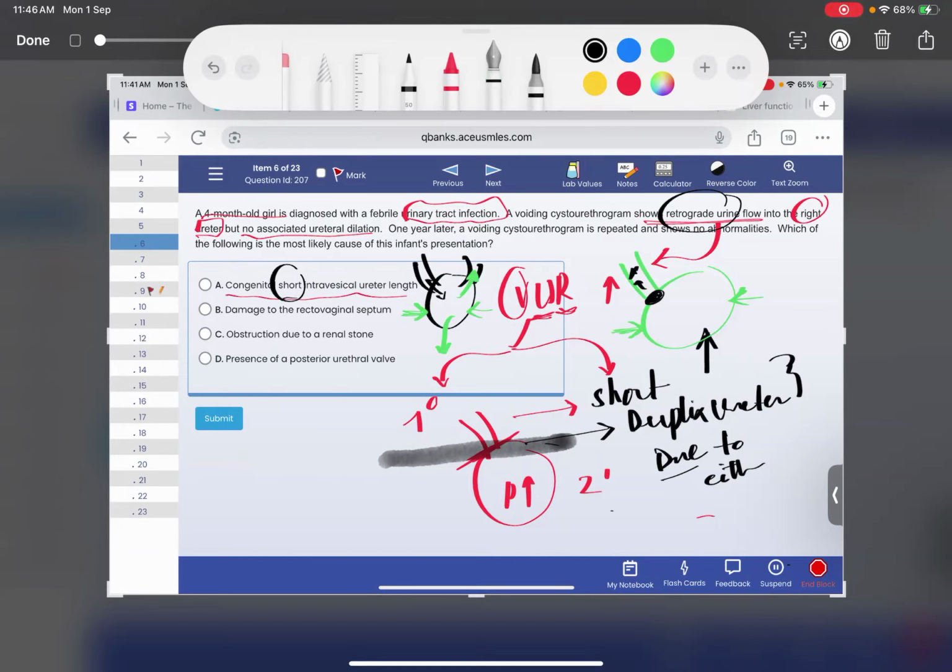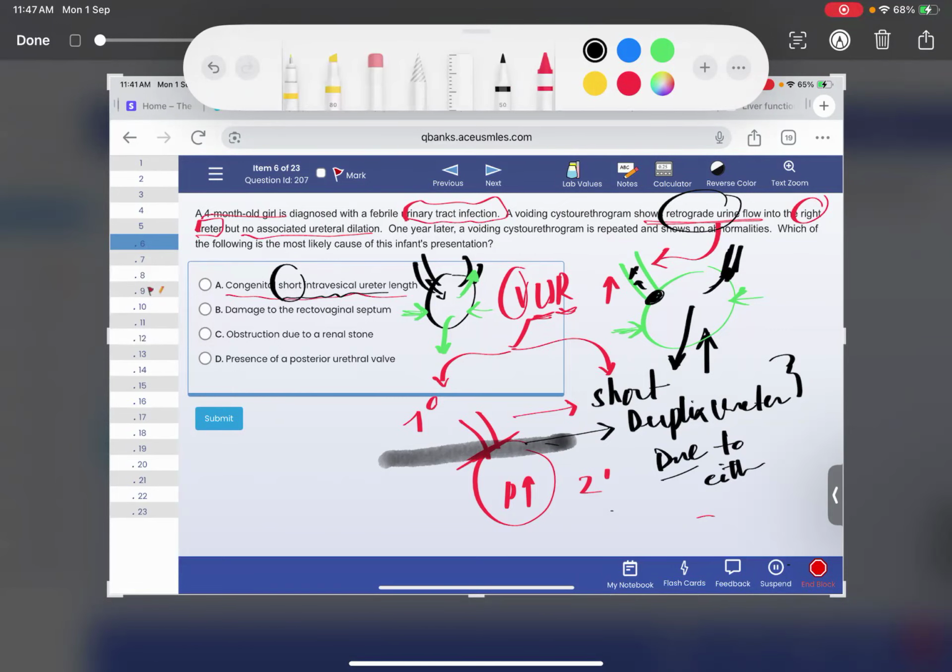But in case of short intravesical ureter, the ureters are placed more vertically. So when we try to urinate, the urine goes out as well as goes back.